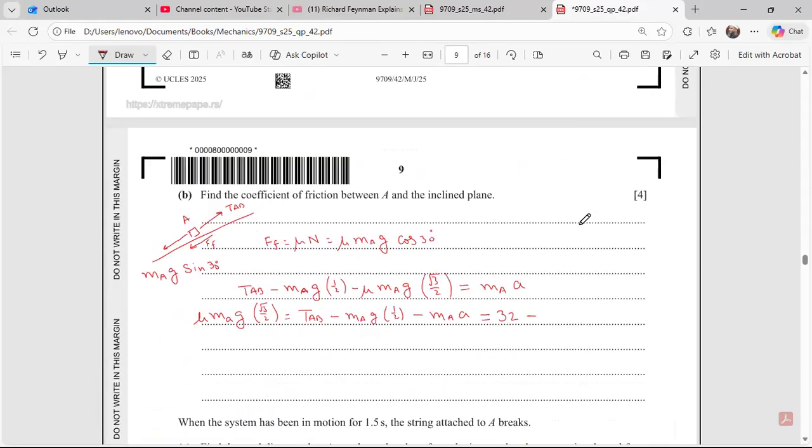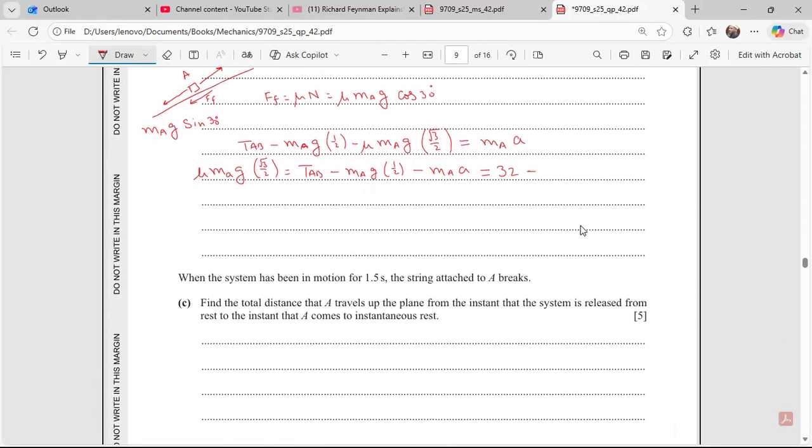What was the mass of A? It was 3 kilogram. So 3 into 10 is 30. 30 times 1 by 2 is 15. Minus again MA is 3, 3 times 2 is 6. So this would be 32 minus 15 minus 6. So it's 11 only.